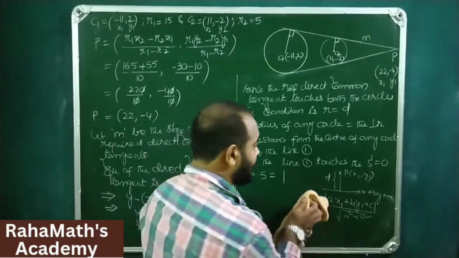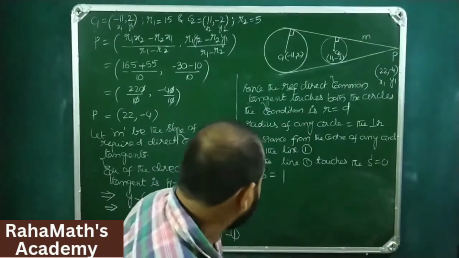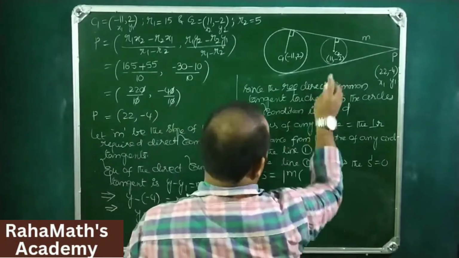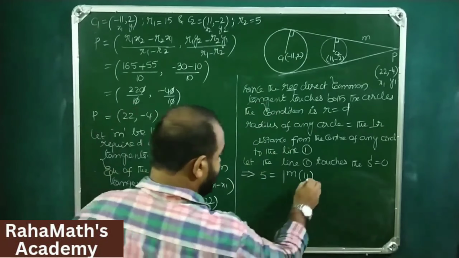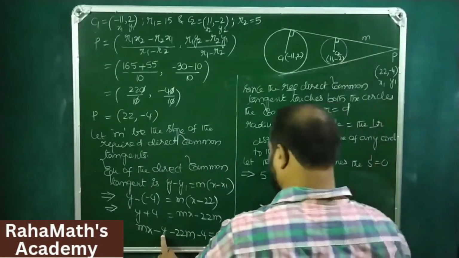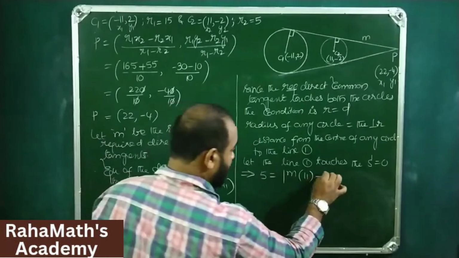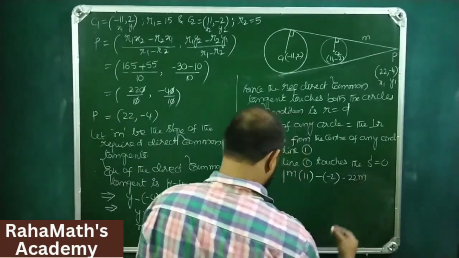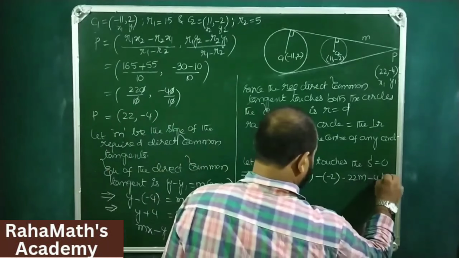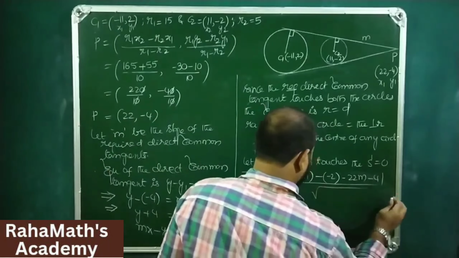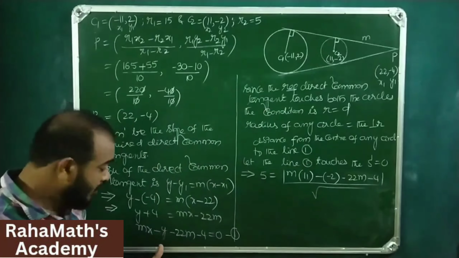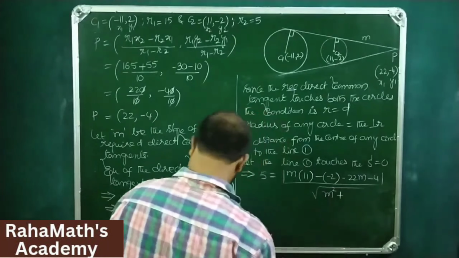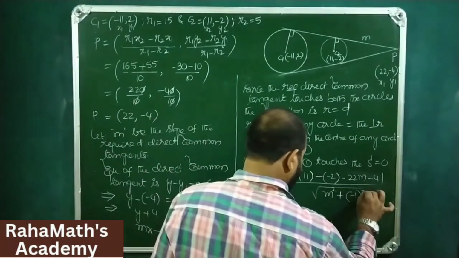So let us do this now. The perpendicular distance: m into the x value is 11, minus the y value, minus 2, here minus 2, minus 22m minus 4, by square root of the square of the coefficient of x plus the square of the coefficient of y. So m square plus minus 1 whole square.